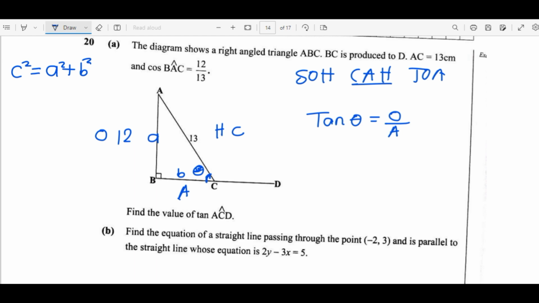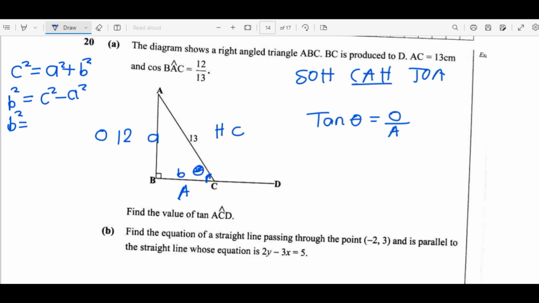Now, if you are solving for A or B, this will be B squared is equal to C squared minus A squared. So whenever you are solving one of these two smaller distances, the given distance from the smaller sides must be subtracted from the square of the hypotenuse.